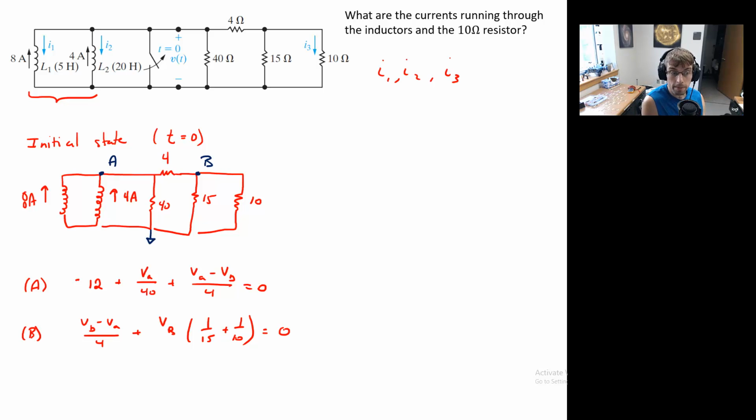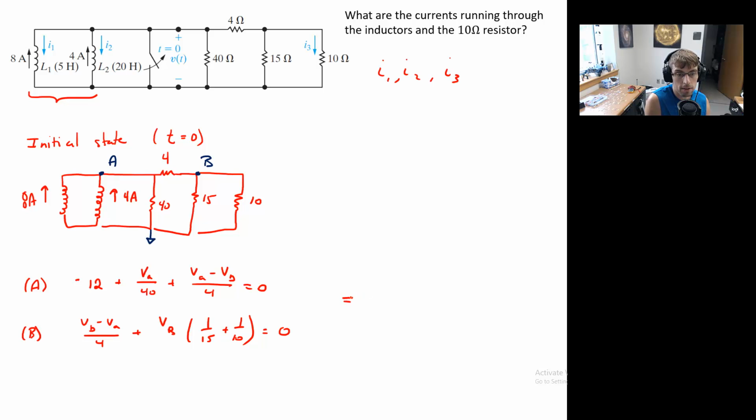Now at this point, as we're well familiar with by now, we notice we have a set of linear equations, and so we can apply our matrix methods in order to solve and get the potentials VA and VB. I will leave it up to you to plug that stuff in, and I will just give you the final answers that I had.